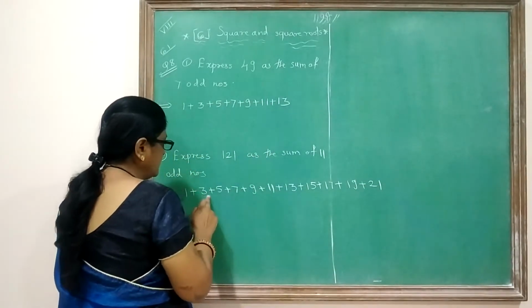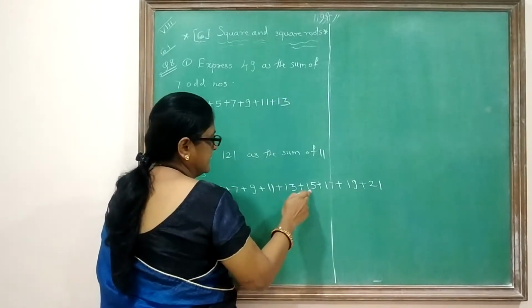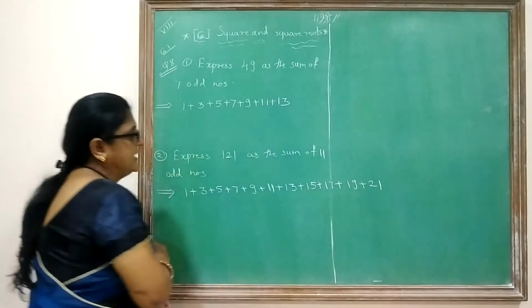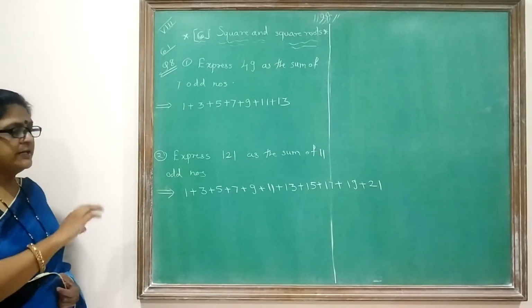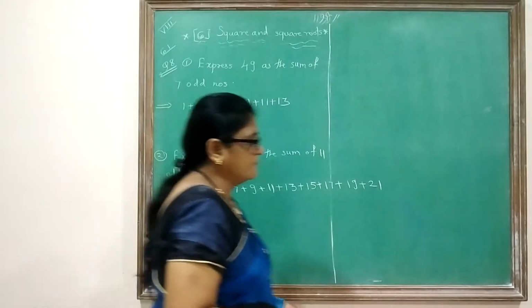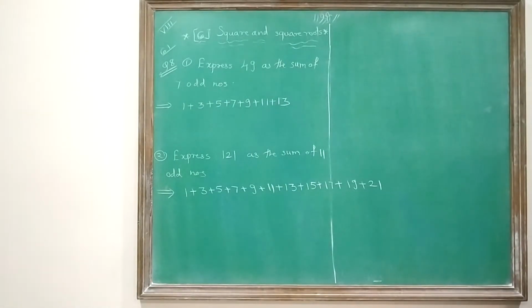Then how many? 1, 2, 3, 4, 5, 6, 7, 8, 9, 10, 11. These 11 odd numbers you will add, then you will get 121. Let's see the next example.